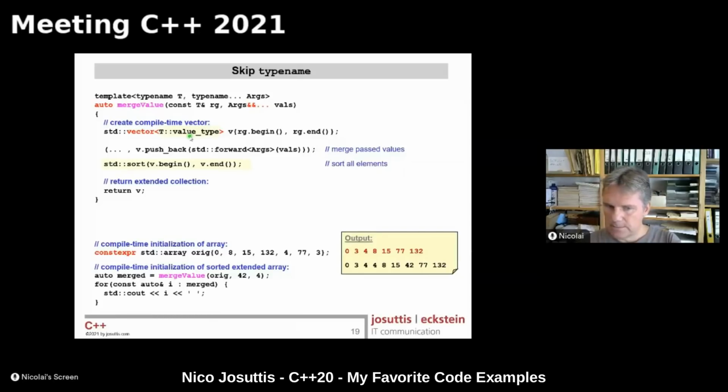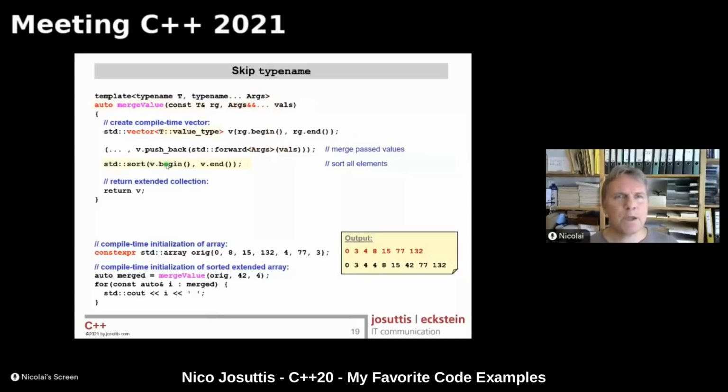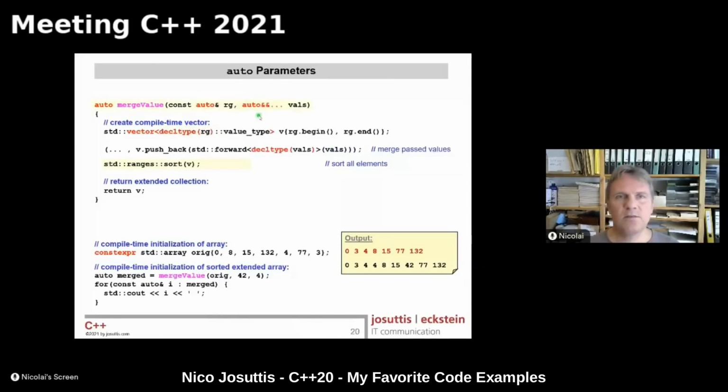Good. Then we can here the sort. Let's apply the usual things we have seen in the code before. Look here, sort. Let's use the ranges sort to sort all the elements in the vector. And instead of taking template parameters with the name, let's use auto here.